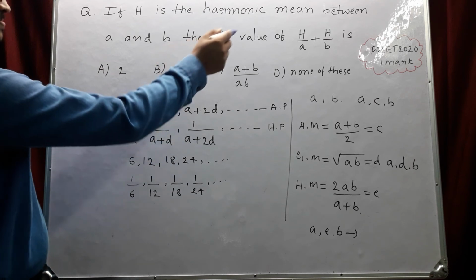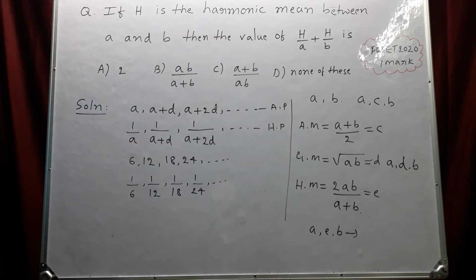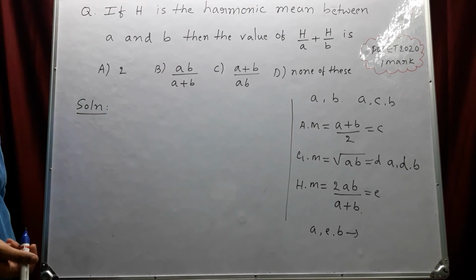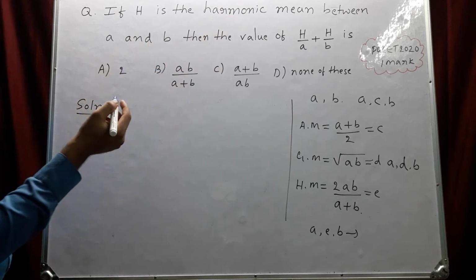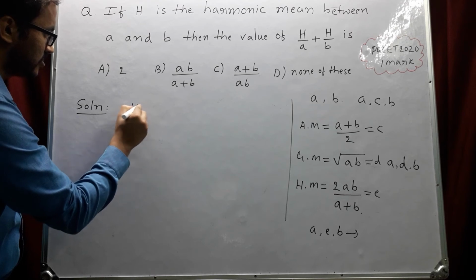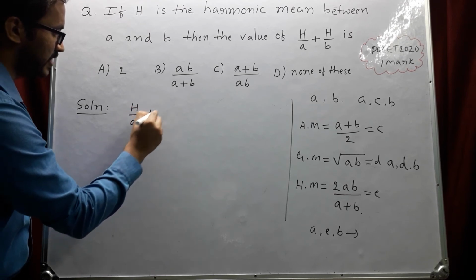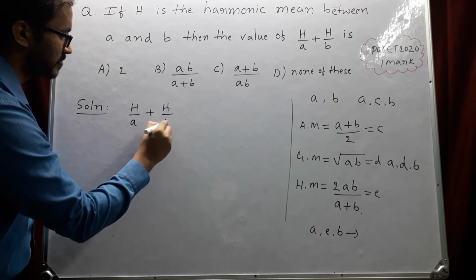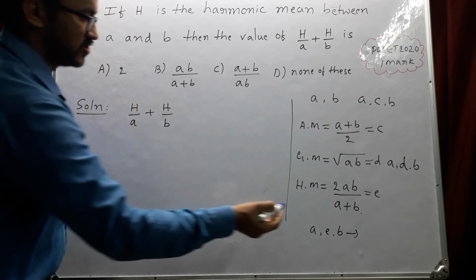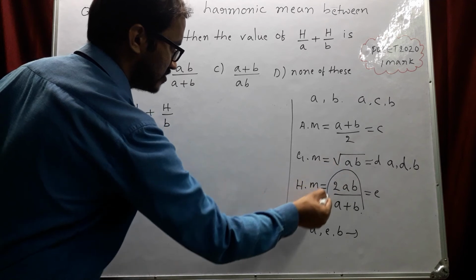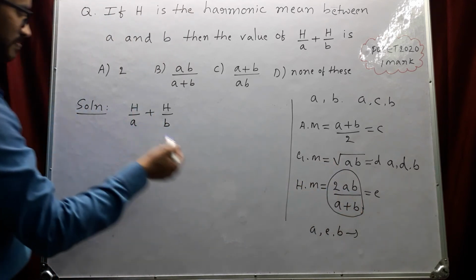Now let us solve the problem. We have to find the value of h by a plus h by b. Since h is the harmonic mean, what is the value of the harmonic mean? 2ab by (a plus b).